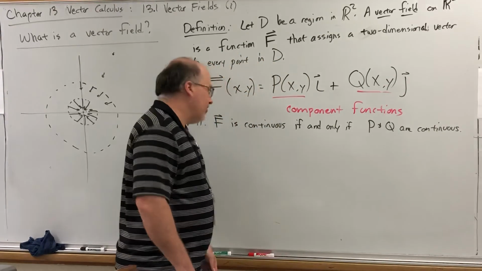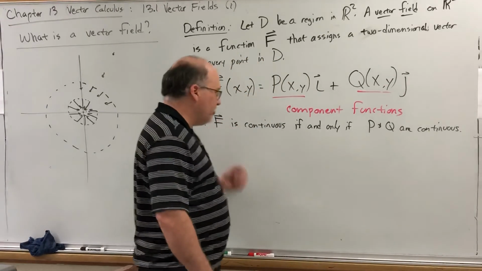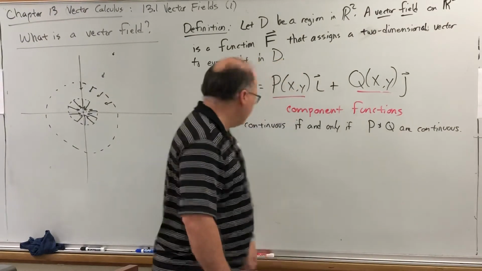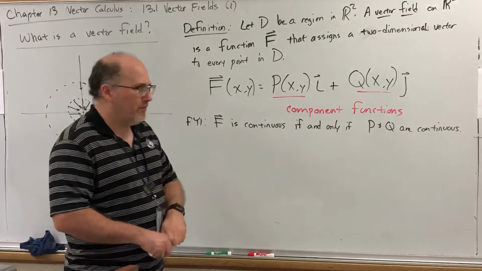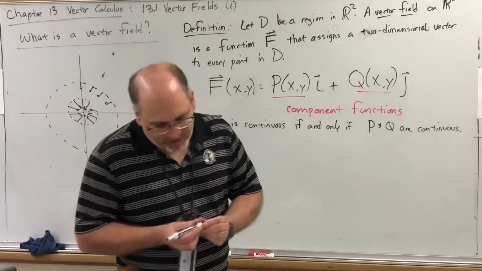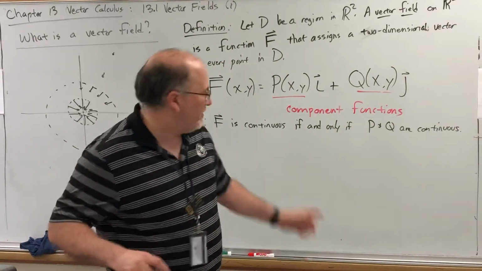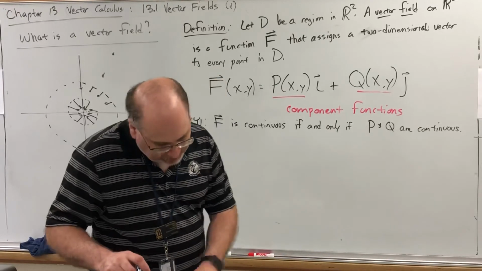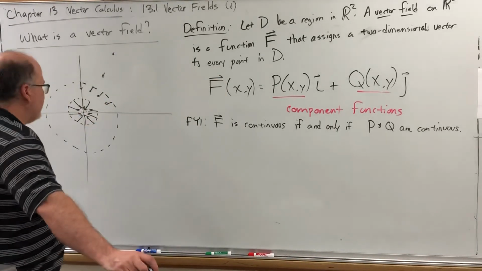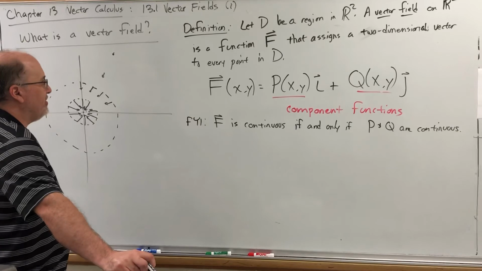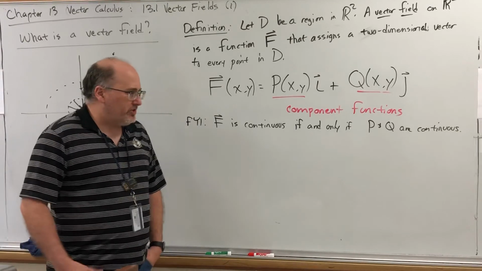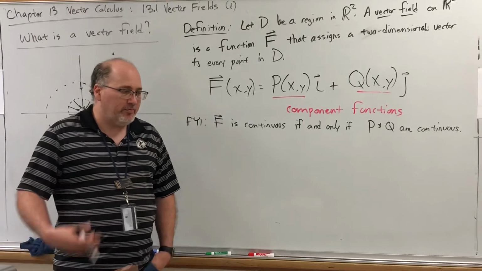Or equivalently, you could say, if this function is continuous, then so are those. And if these functions are continuous, then so is this. Almost as if it were a definition. It's not a definition, the definitions are separate, but they do coexist. Either you have both or you have neither. Now, in the next video, we're going to take a look at sketching a vector field in 2 dimensions, which with technology is a lot faster, but some of them you can do manually.